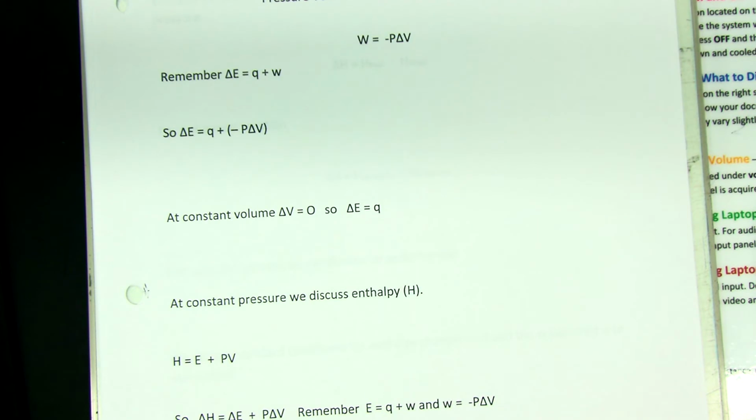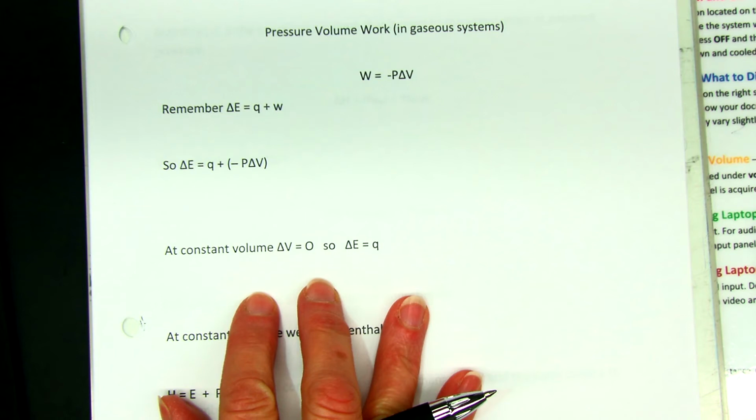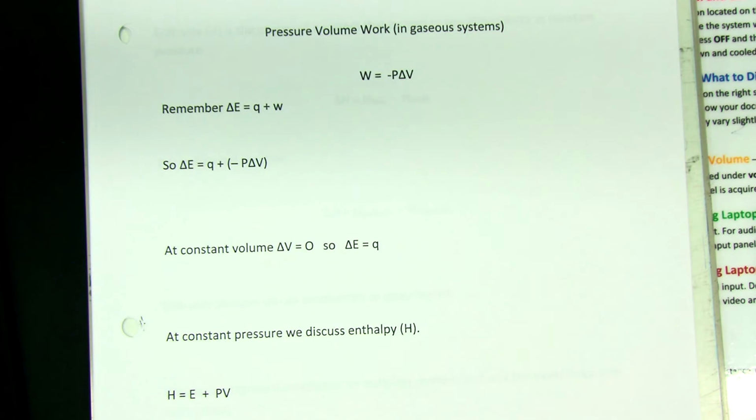Okay, so now we're going to look a little bit at this situation of the work that comes into chemistry. The work that we do in chemistry is usually with gases, and it's usually pressure volume work.